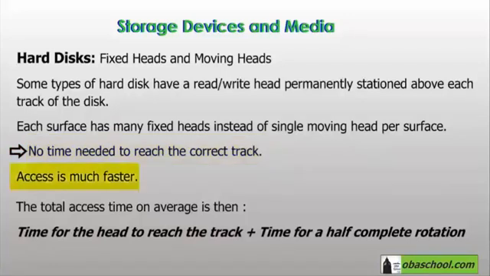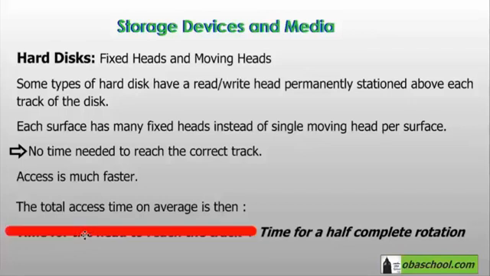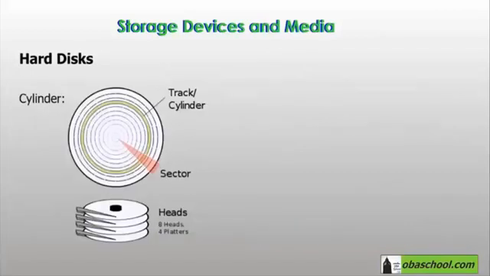And that means the access is much faster. That means the total access time on average is then only time for a half complete rotation. In the beginning we said time for the head to reach the track plus time for a half complete rotation. But now we only have time for a half complete rotation, so the access is much faster. Let's move to the next point.